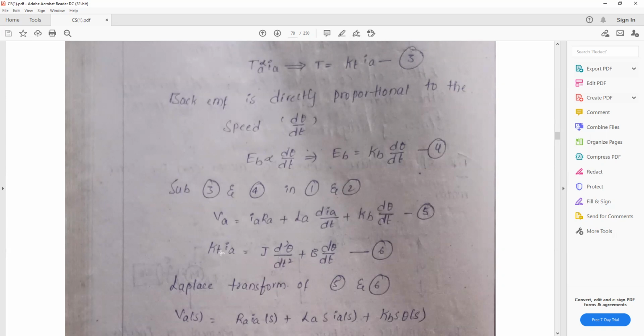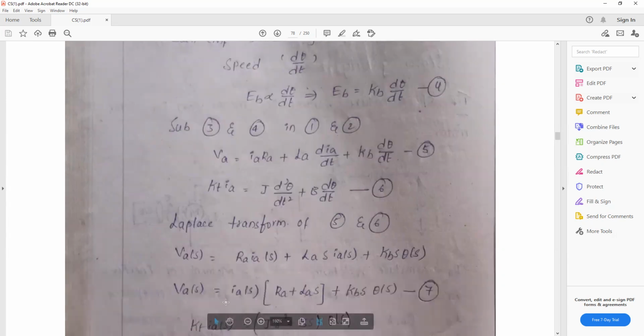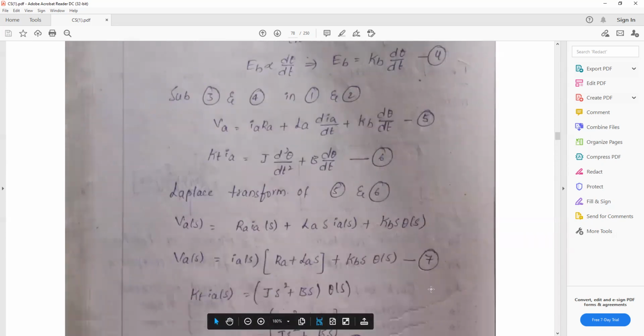And KT into IA of s equals J, Laplace transform of d square by dt square is s square, s square into theta of s, plus B into Laplace transform of d by dt is s into theta of s. This is the Laplace transform.